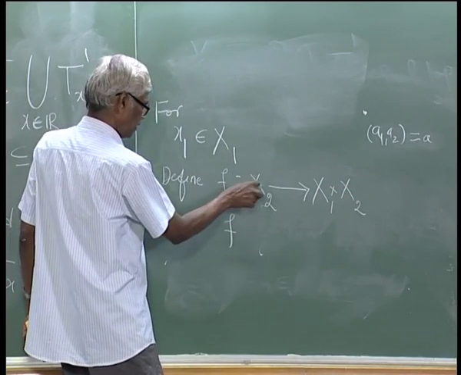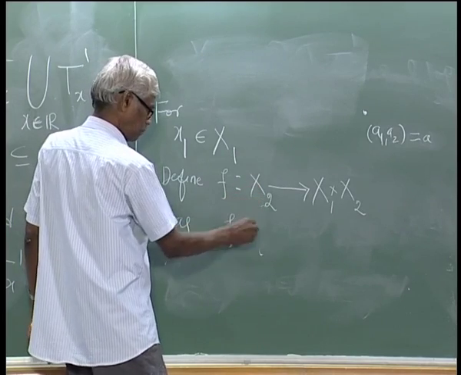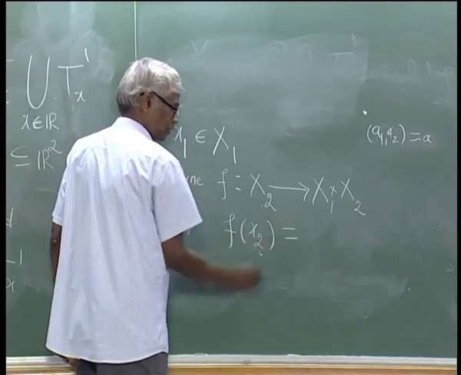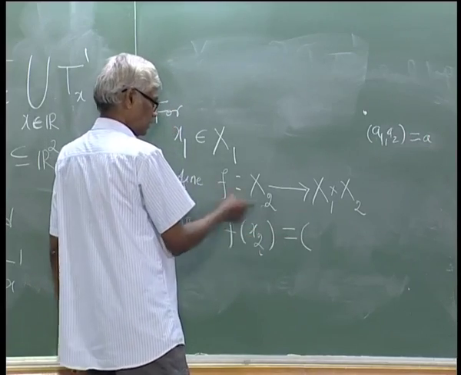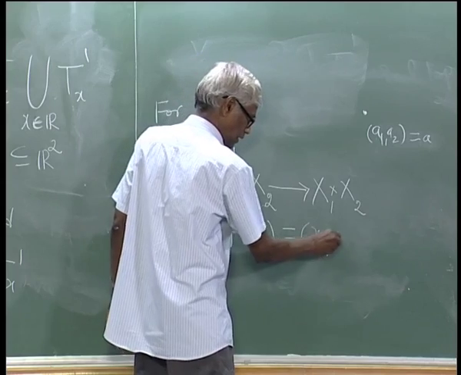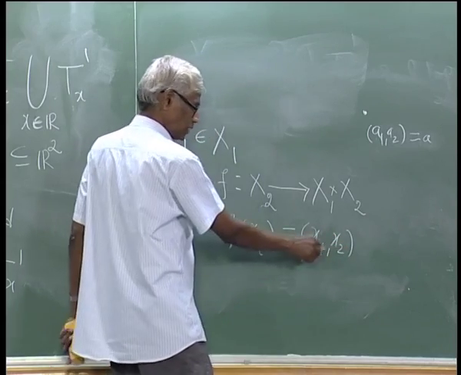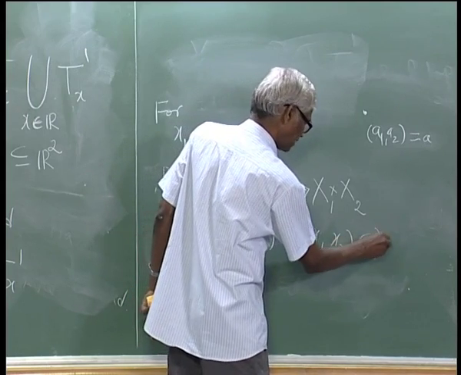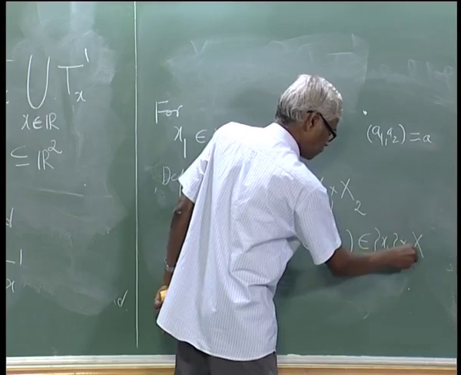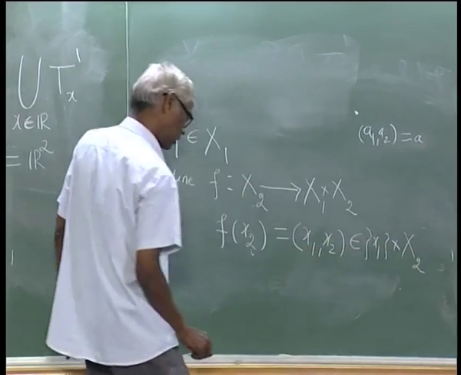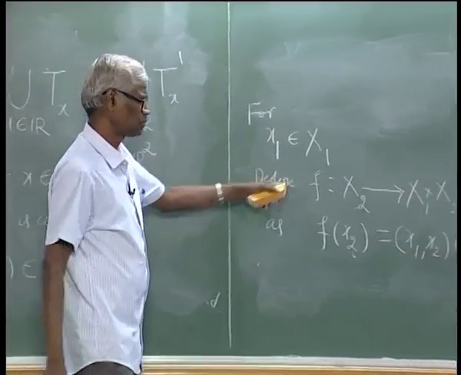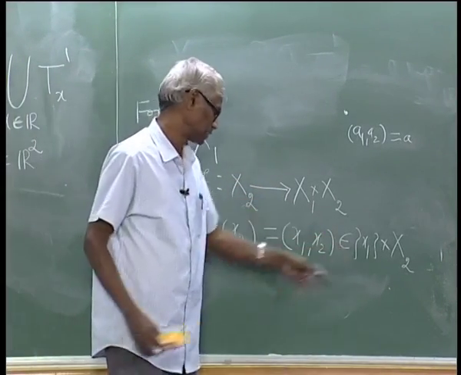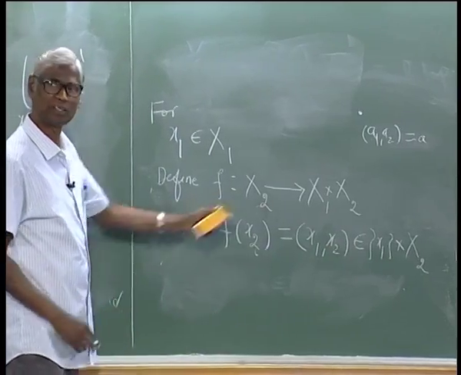in a natural way as follows: f of an element x2 in capital X2 is the ordered pair (x1, x2). This x1 is fixed, so the image is the singleton {x1} cross capital X2, where x2 varies. Again the same way this map is continuous, and X2 connected implies this is connected.